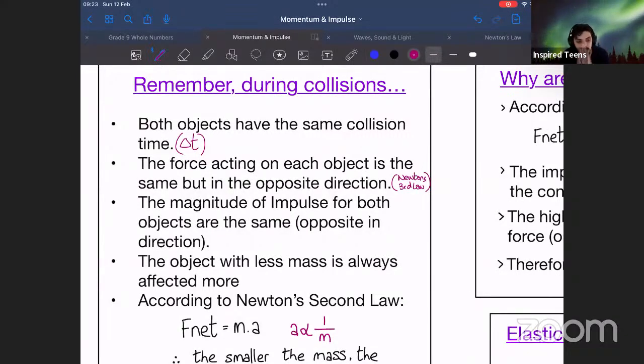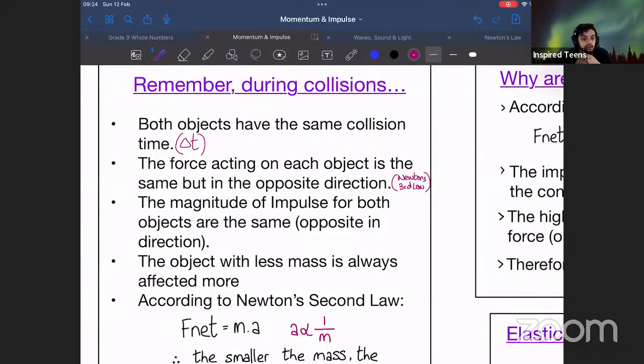So when two objects crash, it doesn't matter if one is stationary and one is 500 kilometers per hour, or if they're both 500 kilometers per hour. No matter what the collision is, during the collision the force acting on each object is the same. Object A exerts a force on object B, and object B exerts a force on object A, and those forces are equal in magnitude but opposite in direction.